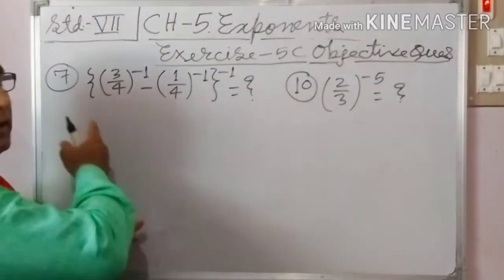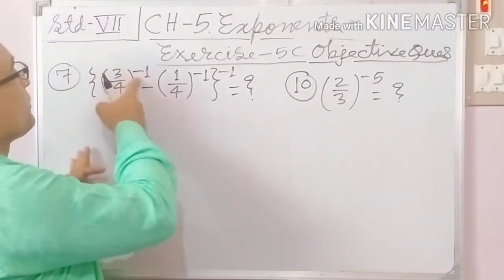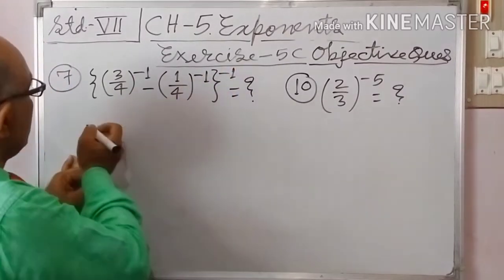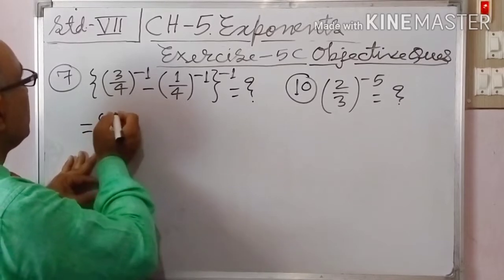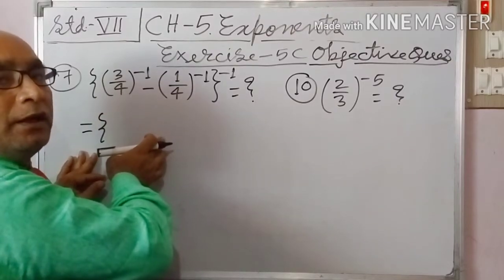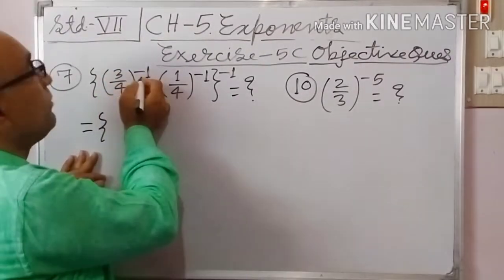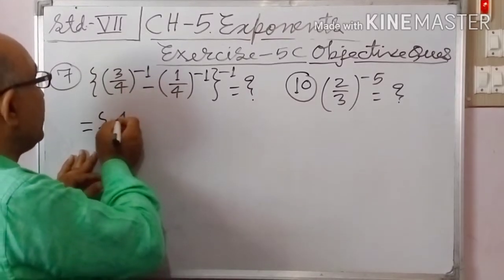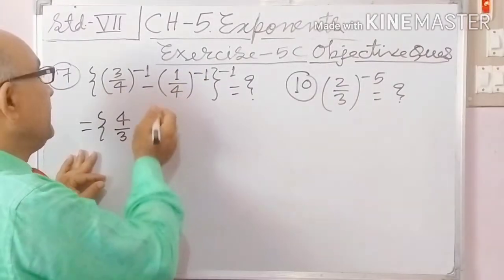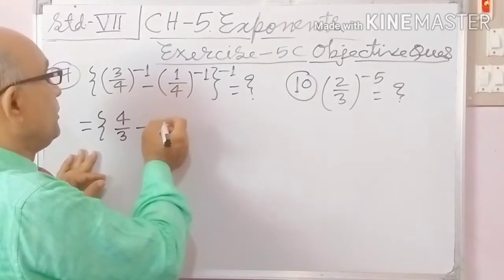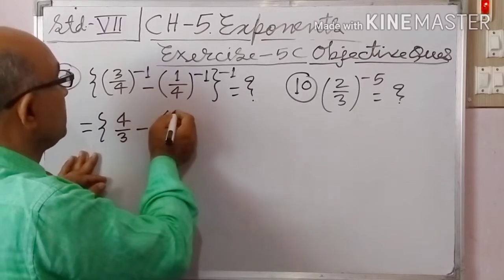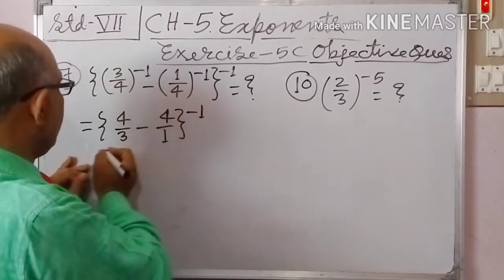Question number 7 is 3 by 4 to the power minus 1 minus 1 by 4 to the power minus 1, whole power minus 1. 3 by 4 to the power minus 1: a by b to the power minus 1 equal to b by a. So 3 by 4 to the power minus 1 equal to 4 by 3, minus 1 by 4 to the power minus 1, a by b to the power minus 1 equal to b by a, so 1 by 4 changes into 4 by 1, whole power minus 1.